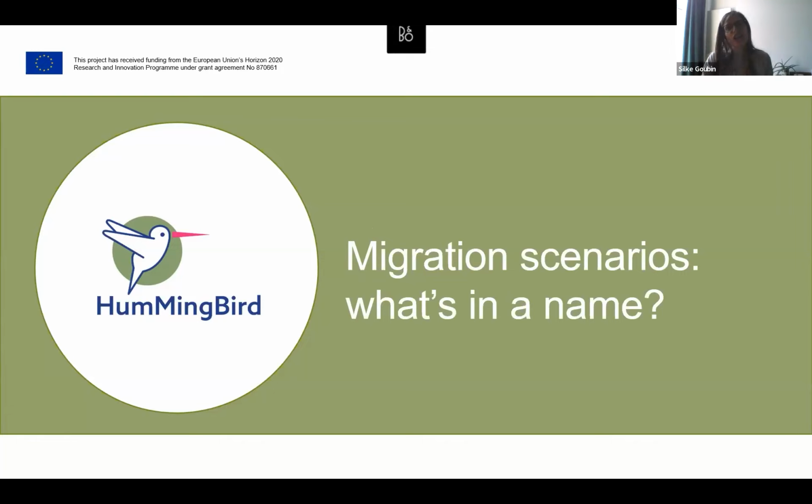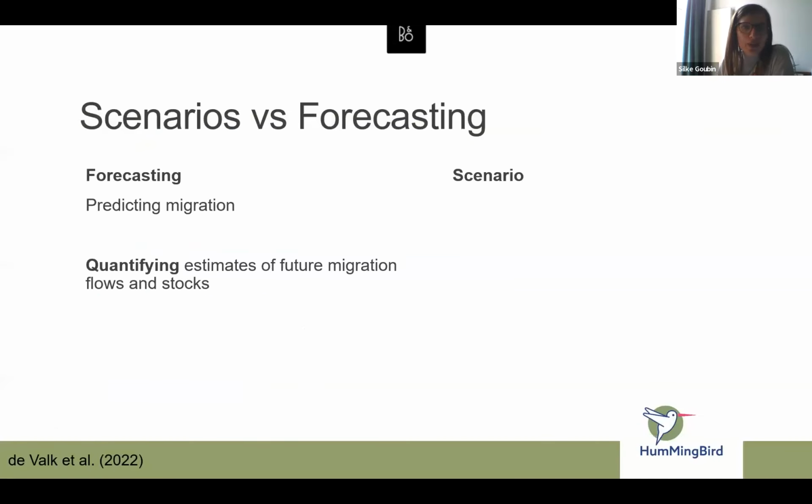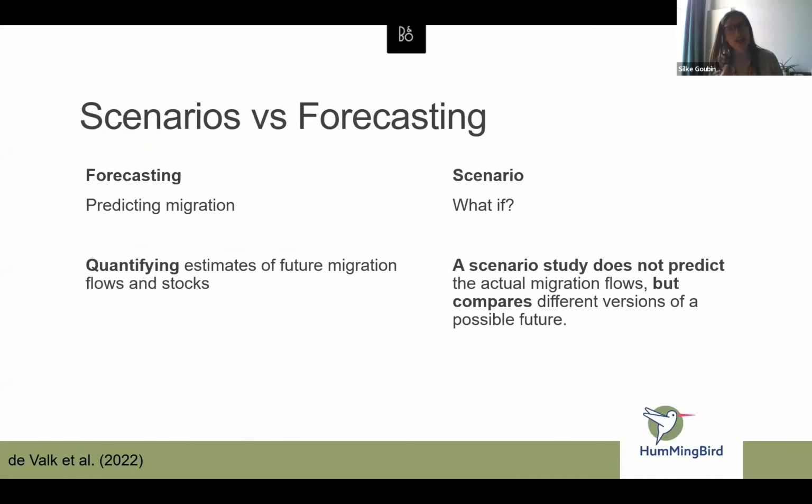But before I talk about results, maybe first let's go back, as I'm the first speaker in this panel about migration scenarios. What do we actually mean with scenarios? What's in a name? We've been talking a lot about data, improvements of data, different types of migration forecasts and data innovations today.